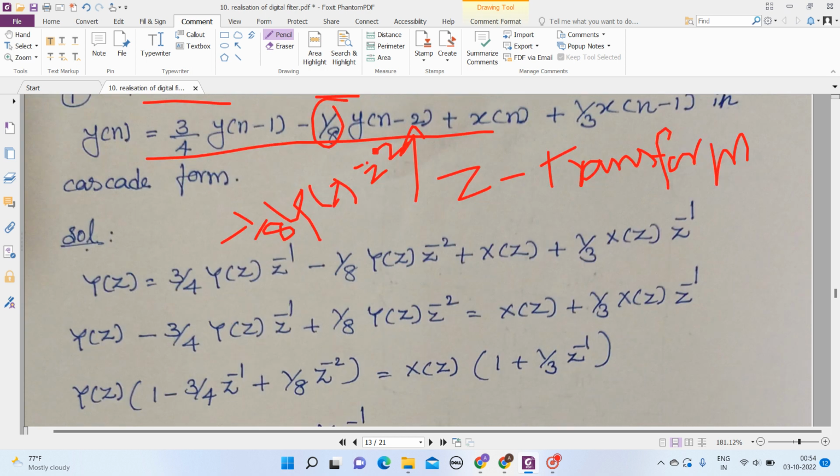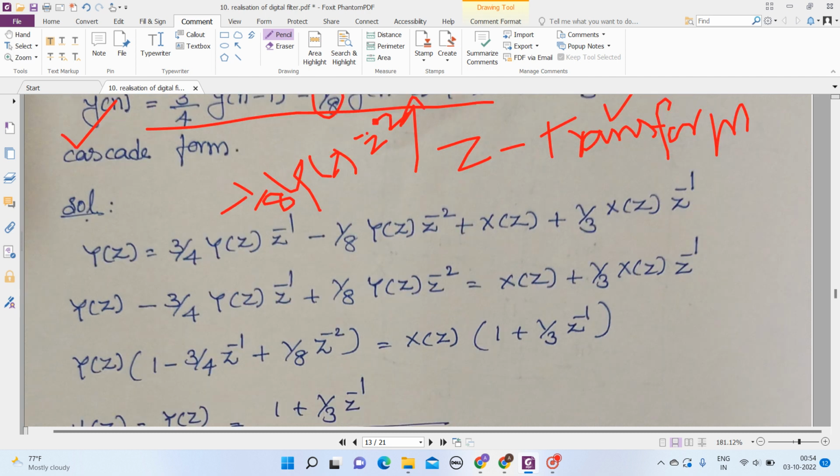Now, after converting discrete time to z domain, you have to separate the output equation and input equation. Here the output is y of z, the input is x of z. You have to separate that equation into the right hand side and left hand side. On the left hand side we have the output equation, and on the right hand side we have the input equation.